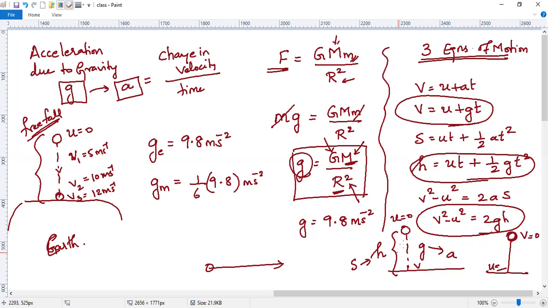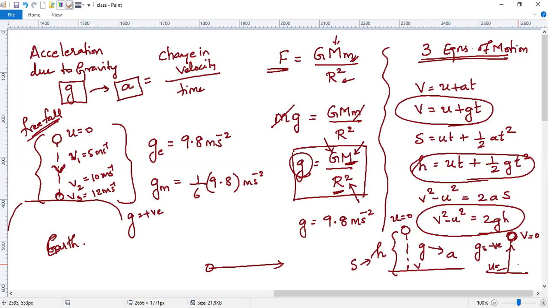So கீழிருந்து மேலே போகும்போது, கீழே வரும்போது, the sign of g varies. மேலிருந்து கீழ விழுது அப்படின்னு சொன்னா positive acceleration, ஏன்னா velocity keeps on increasing. Free fall velocity increase ஆகுதுனால g value என்னமா? It is positive. Whereas கீழிருந்து மேல நீ தூக்கி போடும்போது g ஓட value will be taken as negative.